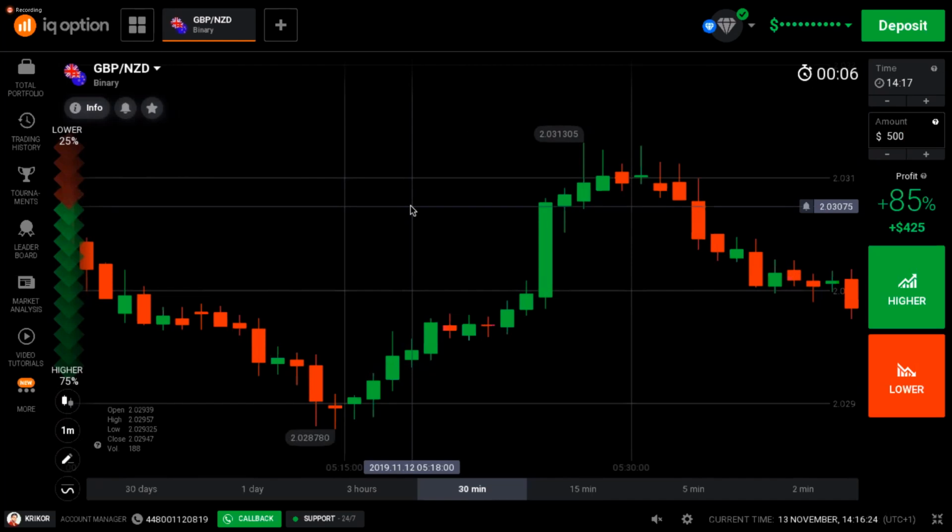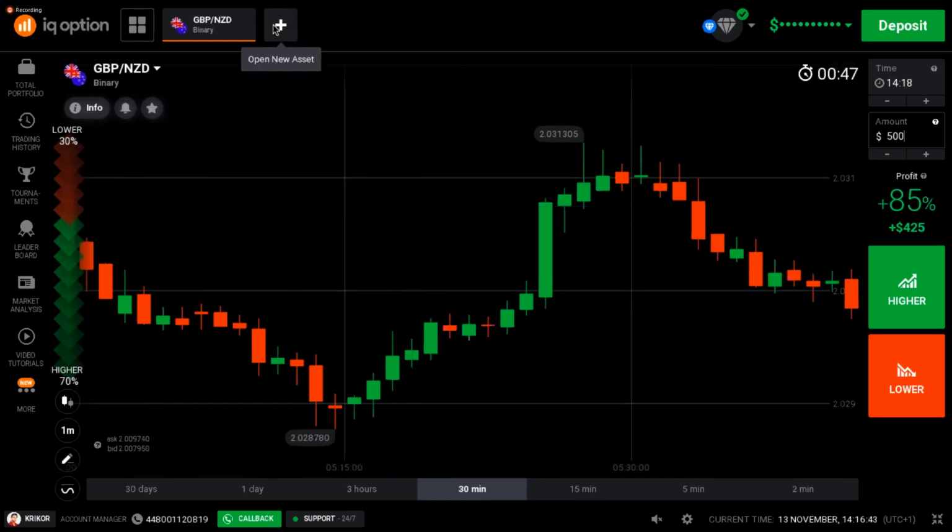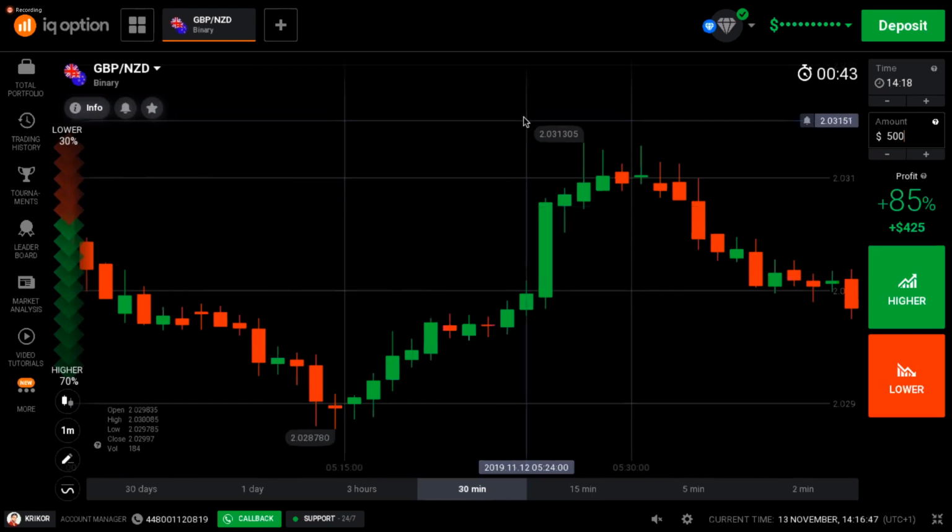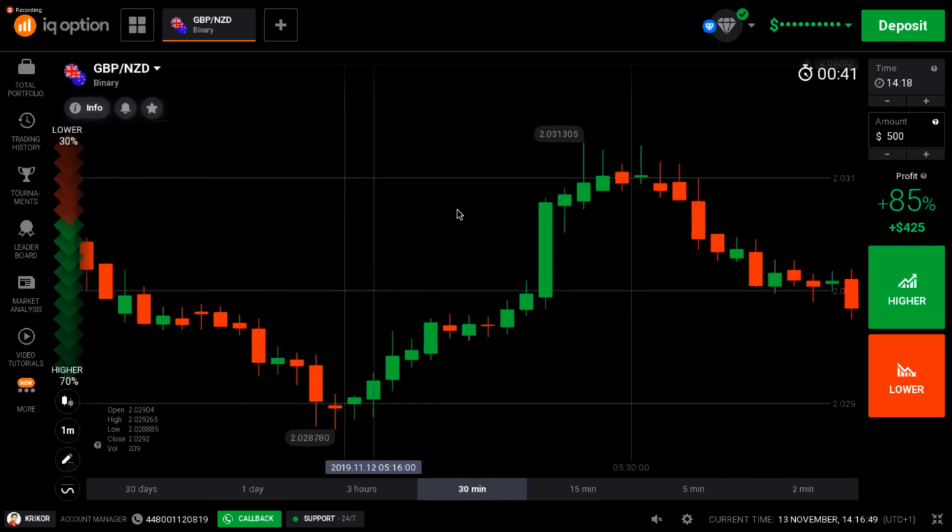Number four, you will consider the strength of the candle, which can be determined largely by the body of the candle. All of these things are very, very important when you are dealing with candlestick psychology. So you have to put these things in mind.